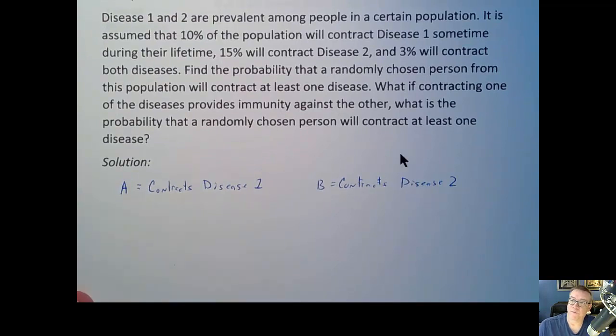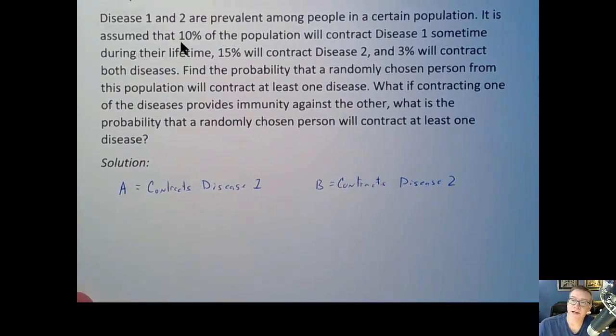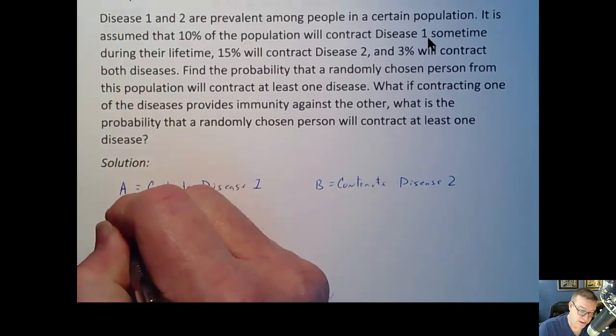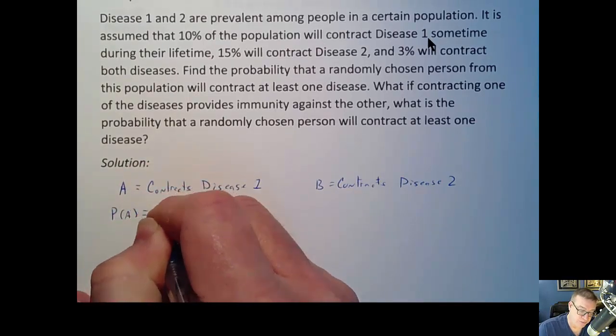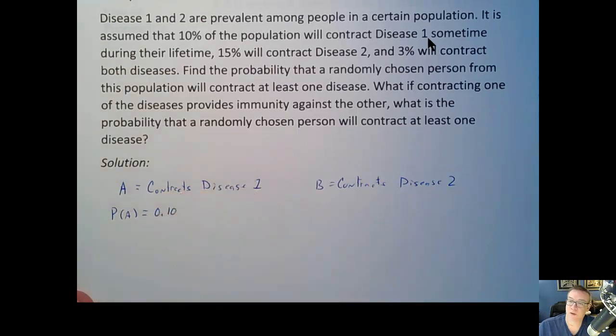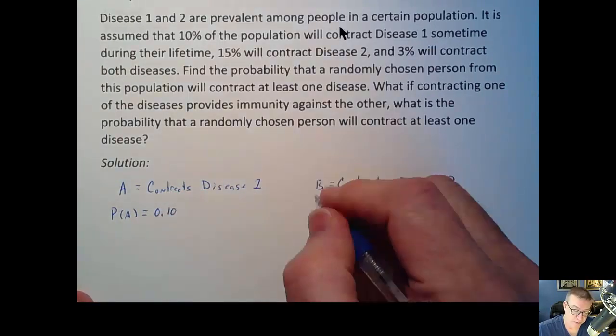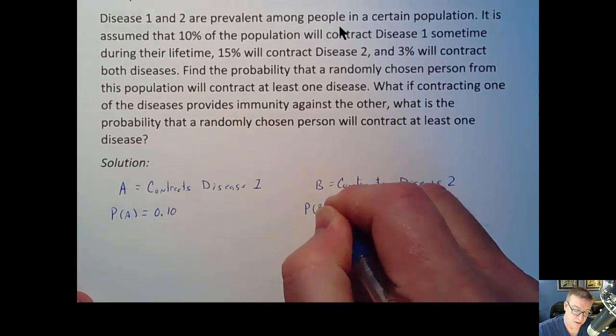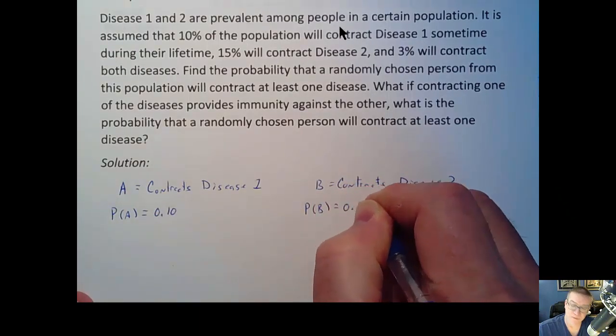Well, then we can infer from the problem up here, 10% of the population will contract disease 1, so we can see that probability of A is 0.10, and 15% will contract disease 2, so probability of B is 0.15.